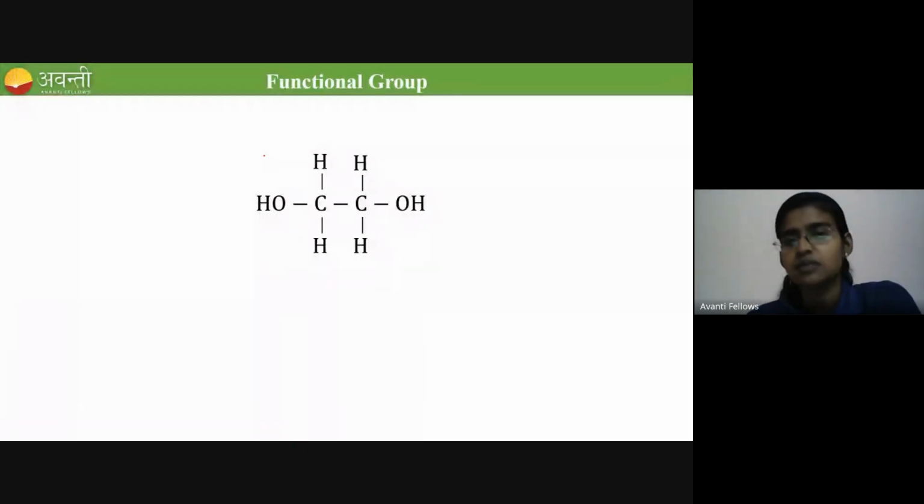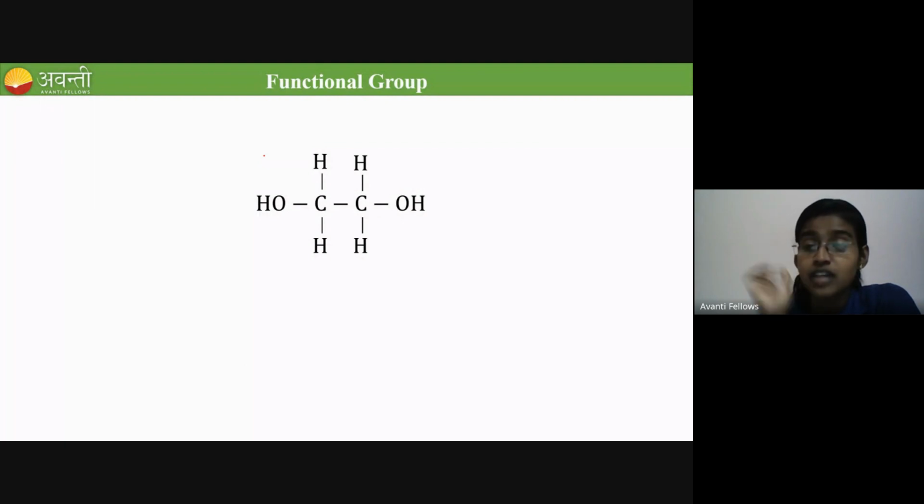Let's see who is getting the correct answer. 1,2-diethyl, 1,2-diethanol. You are all coming closer to the answer, but it is not the correct answer.